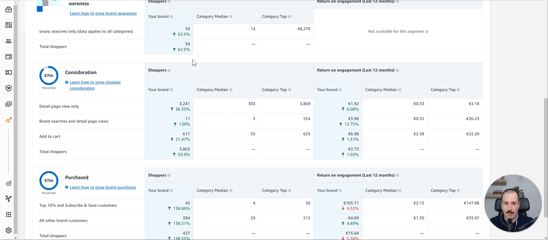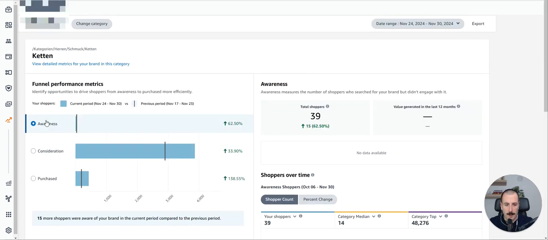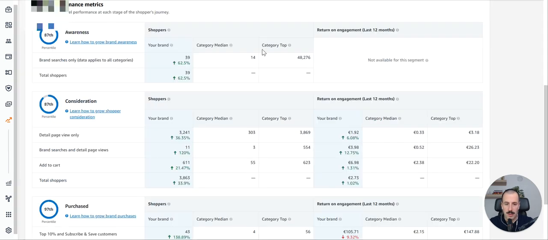Here you can see the same thing, 39 and 3,863. Brand searches only and total shoppers are actually the same. You can see the same data compared to category top and category median. So it's the same numbers.